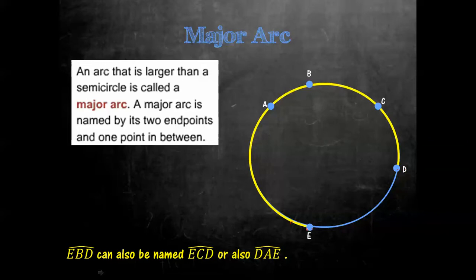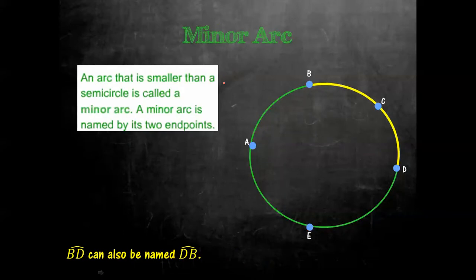So here we can say EBD, or ECD, or DAE, or DCE, or DBE. Just as long as the D and the E are on both ends, and then you pick 1 point in between. A minor arc is an arc that's smaller than a semicircle.